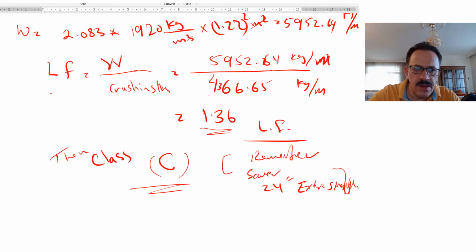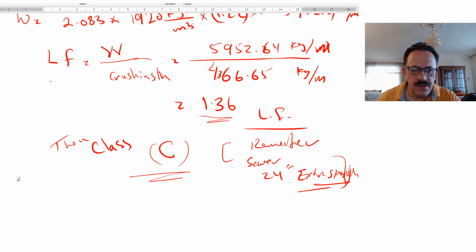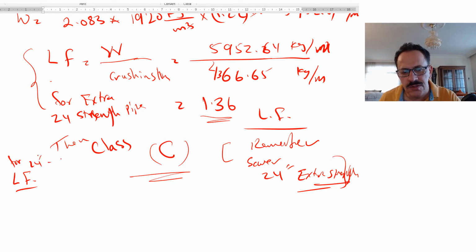So it means that when we are using the normal one, I have to recalculate the load factor. So the load factor for the 24-inch extra strength pipe was done. For the load factor for 24-inch normal or standard pipe, what will happen?